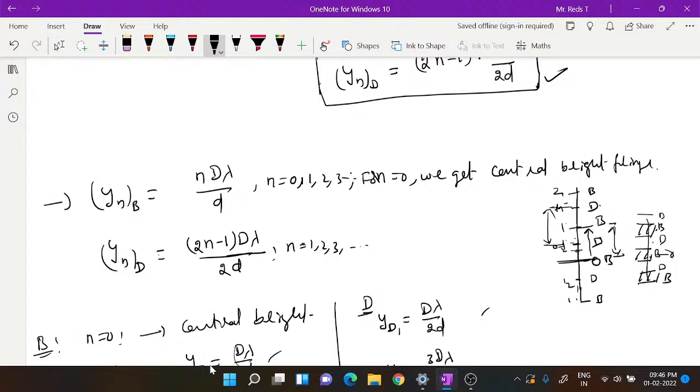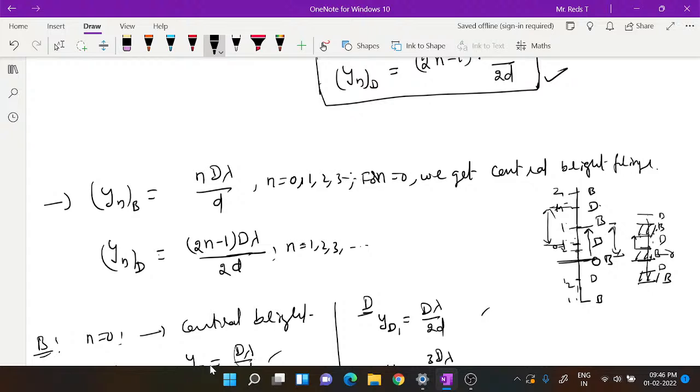So the distance between any two successive bright fringes, from the start of one bright to the start of the next bright, or from the end to the end, gives the fringe width.